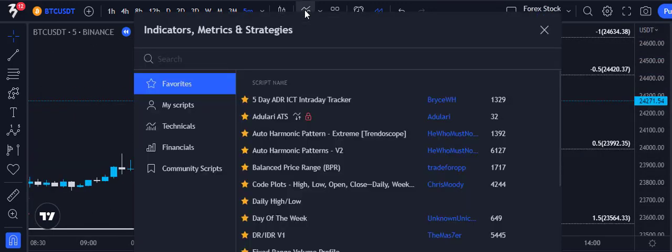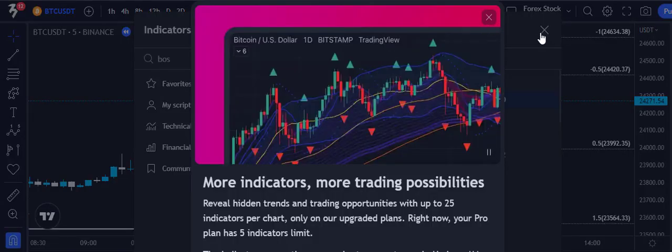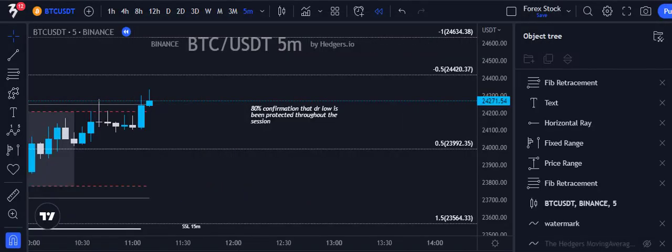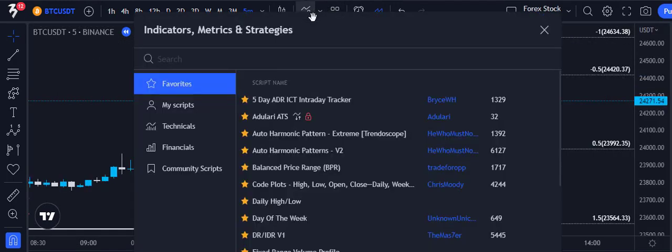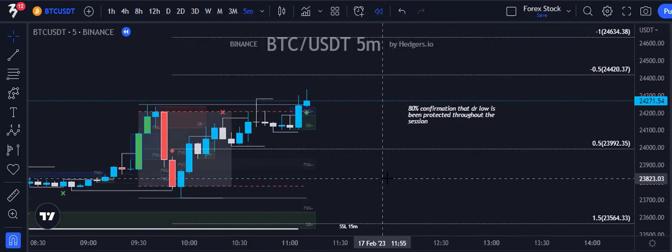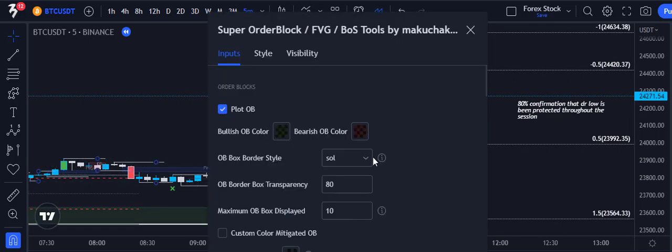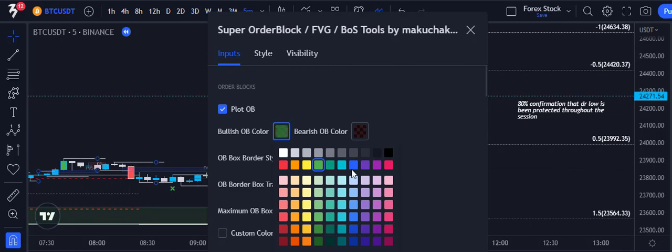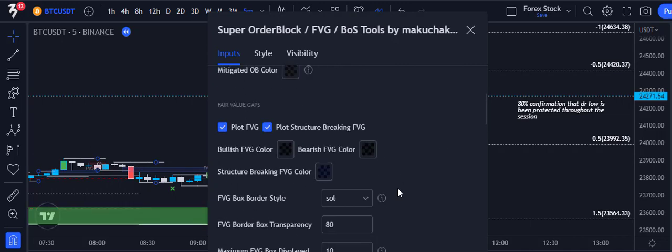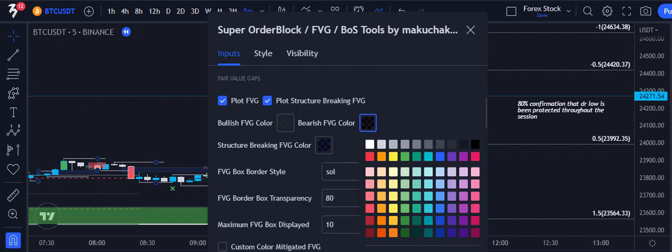You can open the indicator from here, like this one, the Super Order Block FVG BOS tools. If you are really having a tough time finding the order blocks and confluences, then you can use this indicator for your support, for your help.